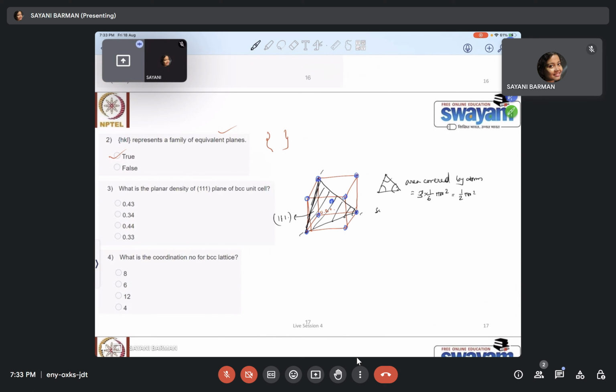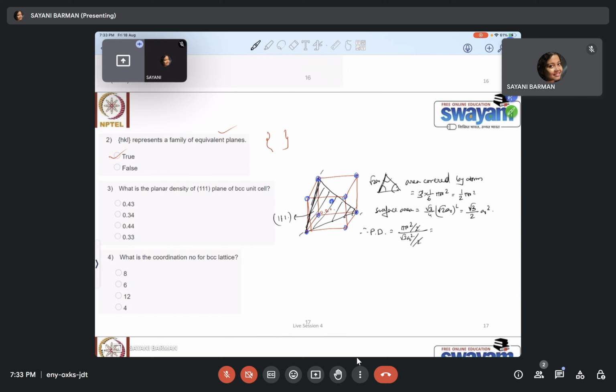And the surface area, since these are face diagonals, each side will be root 2 a0. So the formula is root 3 by 4 times root 2 a0 square, equals root 3 by 2 a0 square. Then the planar density would be pi r square by 2 divided by root 3 a0 square by 2.